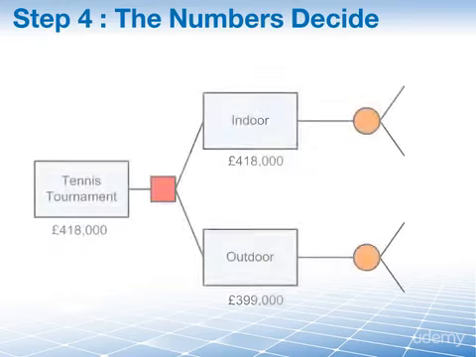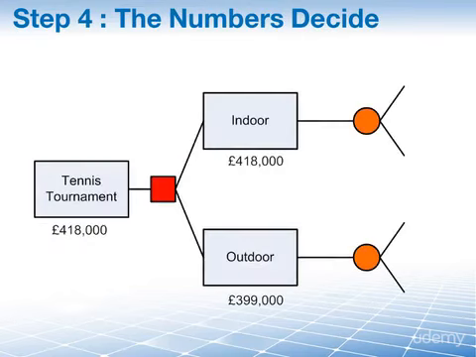And what you see here is the very left of our decision tree. I have gone ahead and I've calculated those numbers again. I've moved them over. At the top, the total is 418,000 expected monetary value for indoor, and below for the outdoor we have 399,000 as the expected monetary value for our outdoor option.